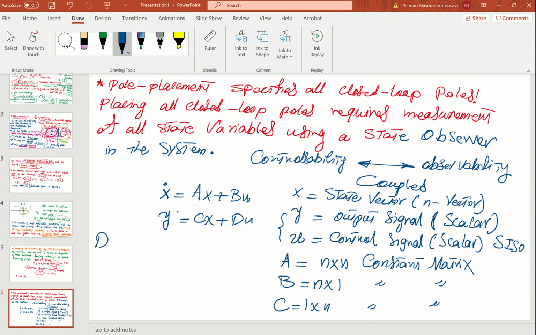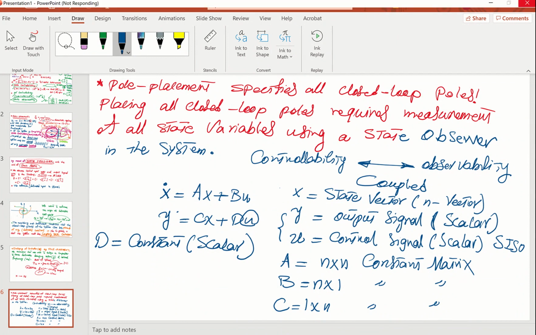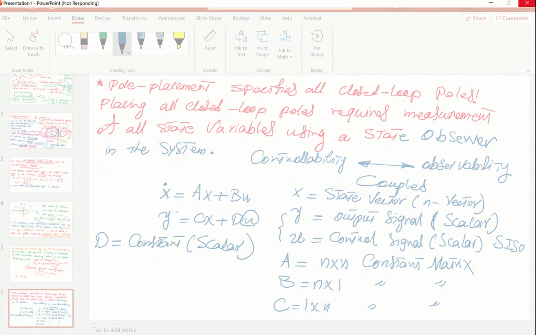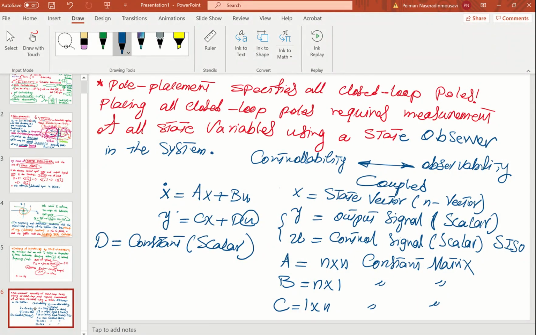And D is a constant number that we assume is 0. This is scalar again because U is a scalar.